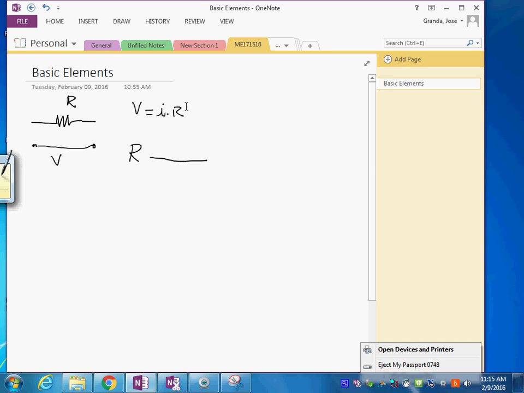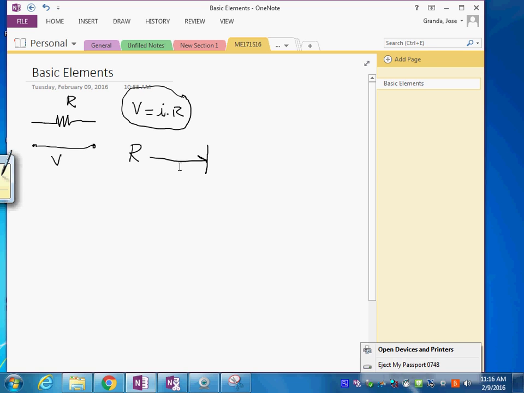But we need other symbols to do our job. Like here, see? We need this connection, the one that indicates this kind of connection, and we need a zero which indicates this kind of connection.